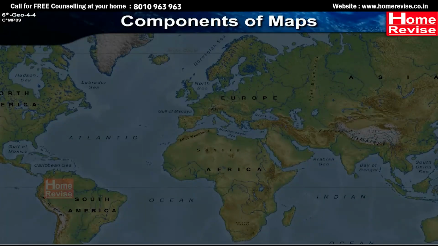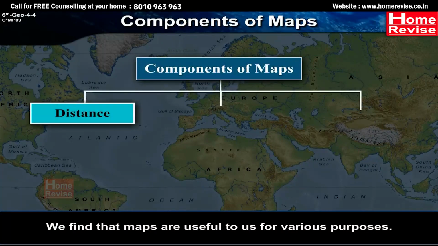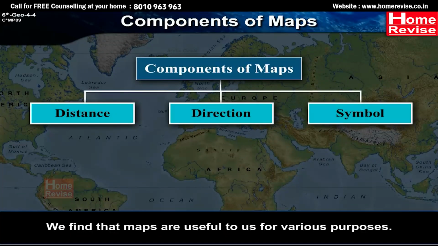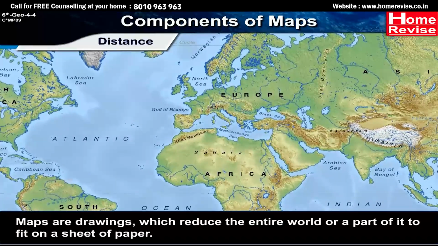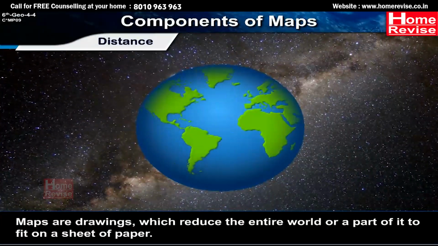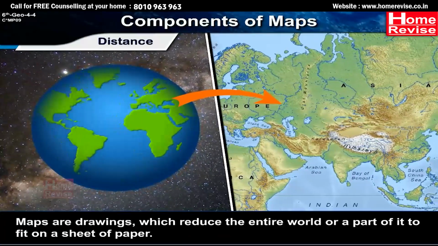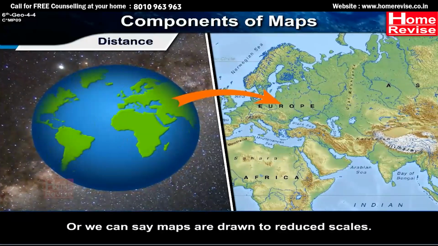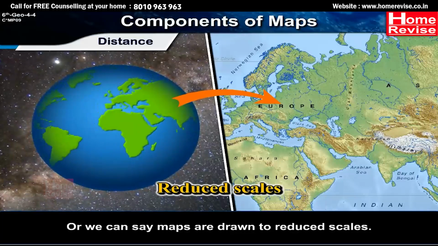Components of maps. There are three components of maps: distance, direction, and symbol. Distance. Maps are drawings which reduce the entire world or a part of it to fit on a sheet of paper. Or we can say maps are drawn to reduced scales.